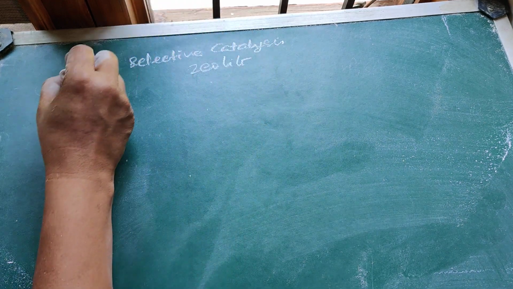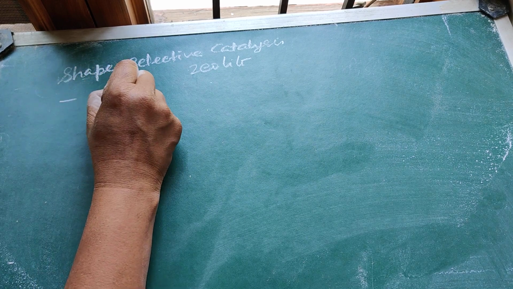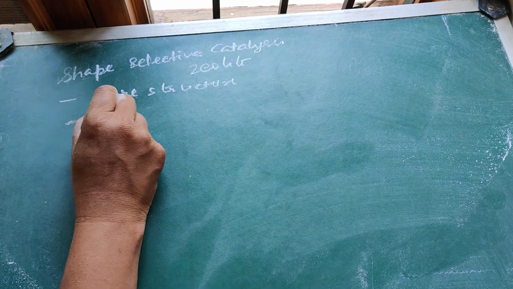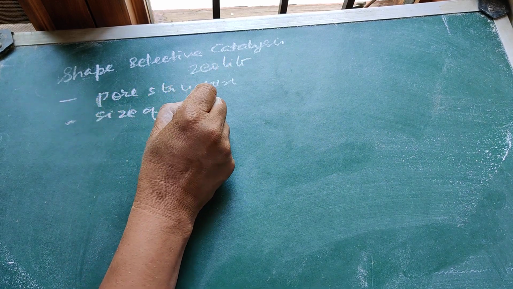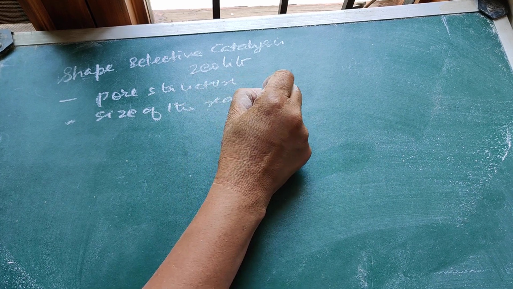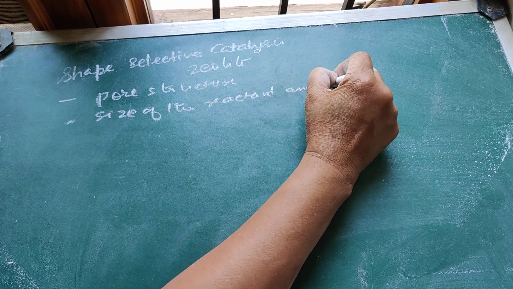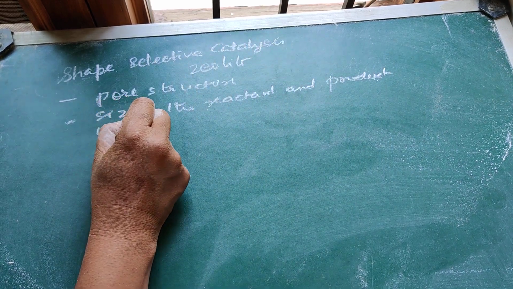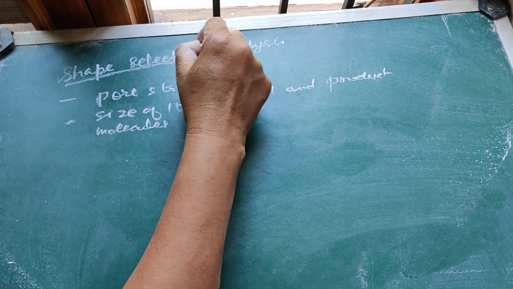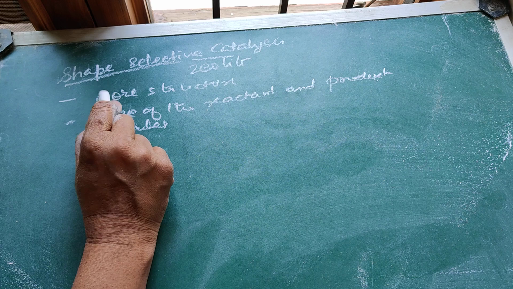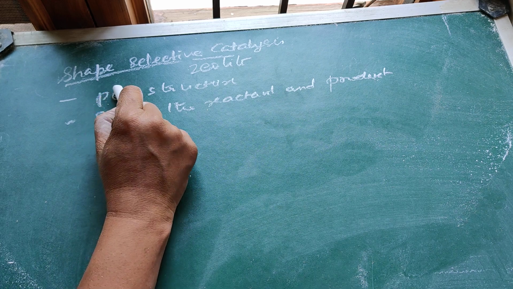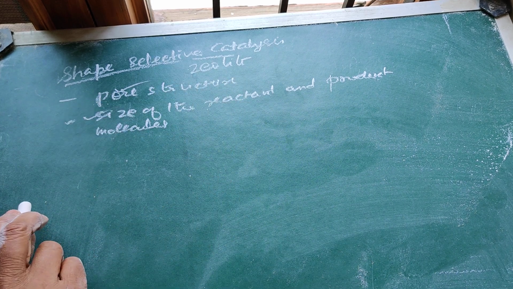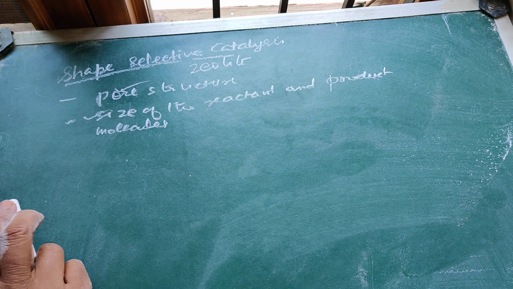The catalytic reactions which depend upon the pore structure of the catalyst and the size of the reactant and product molecules are known as shape selective catalysts.